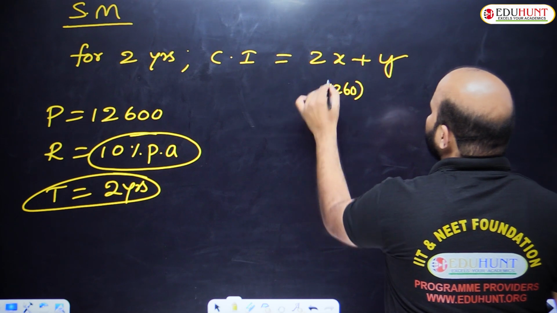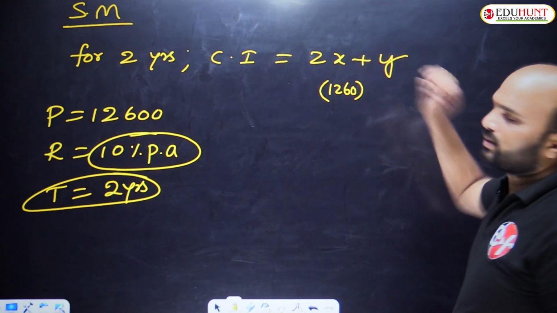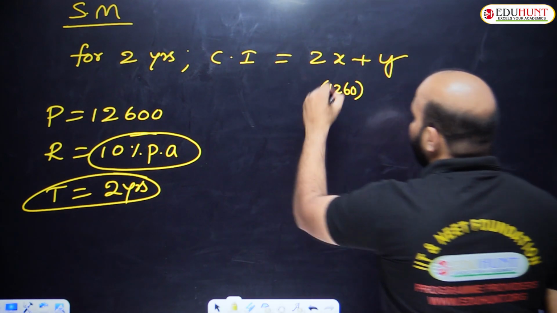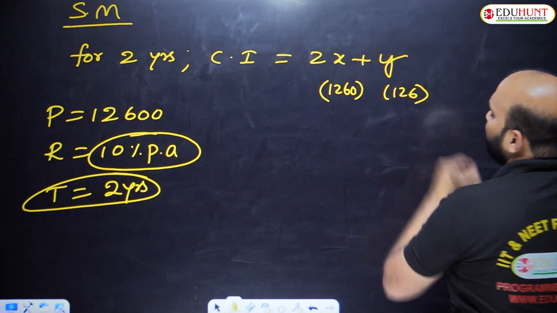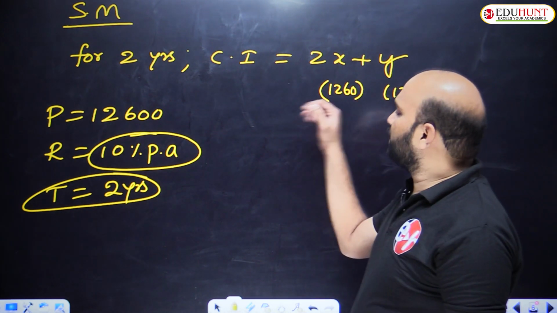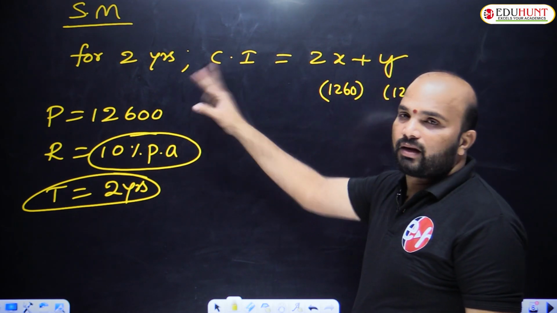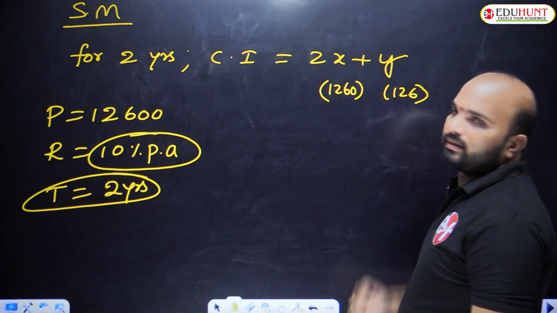How do we get 1260? 10% value of principal, that is called x. How will we get y? Again 10% value of the x value. The x value we already got is 1260. Y value is 126. How do we get 126? 10% again. The x and y always depend on the rate of interest, so every time we have to calculate 10%. 10% of principal is x, 10% of x is y.